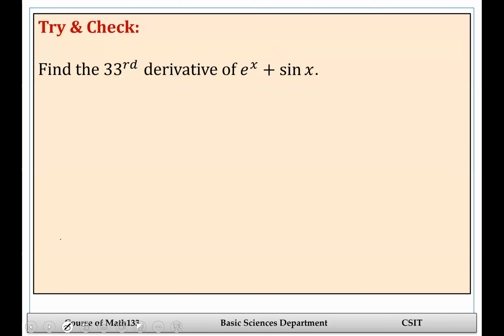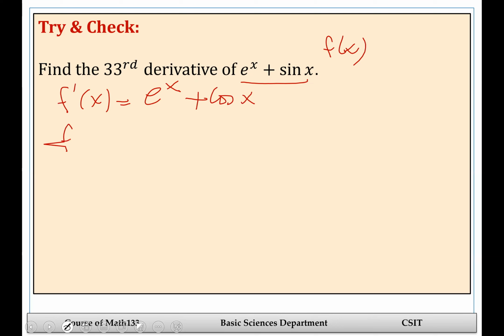Okay, same idea here for the next one. So we will call this f of x and compute the first derivative. F prime of x is equal to the derivative of e^x, it's the same, and derivative of sine, that's plus cosine. And next, the second derivative, f second of x is equal to e^x all the time, minus sine x.